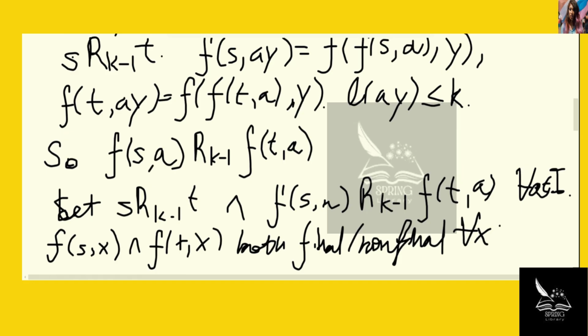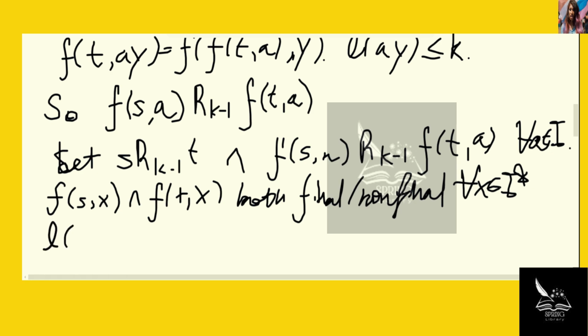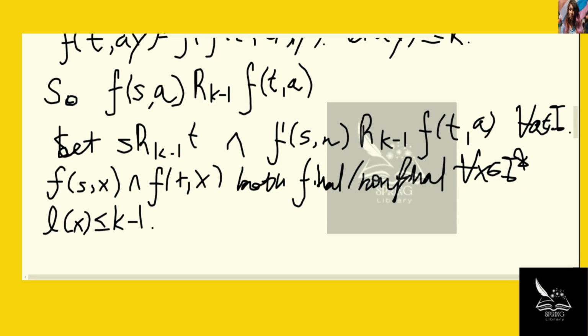for all strings x such that the length of x is less than or equal to k minus 1. We also have that f of s xa and f of t xa are both final or both not final for every input string x with the length of x being less than or equal to k minus 1.